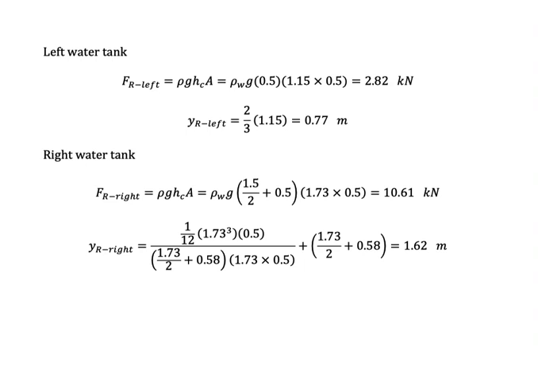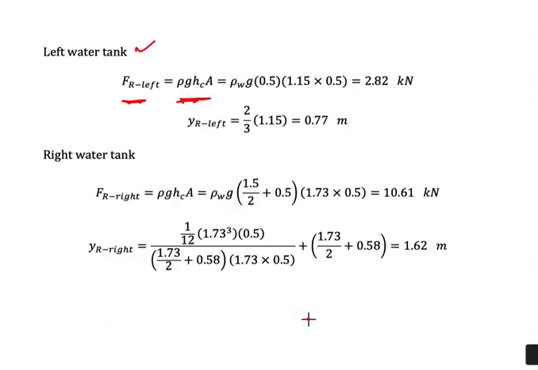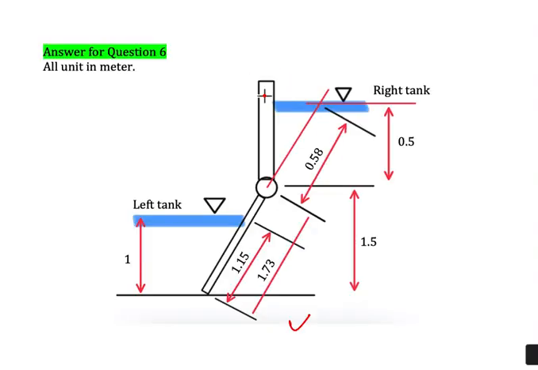For the left water tank here, we could calculate the resultant force as this one. The equation is rho g h_c A, and according to the previous calculation, h_c is equal to 0.5, which is the 1 here divided by 2.